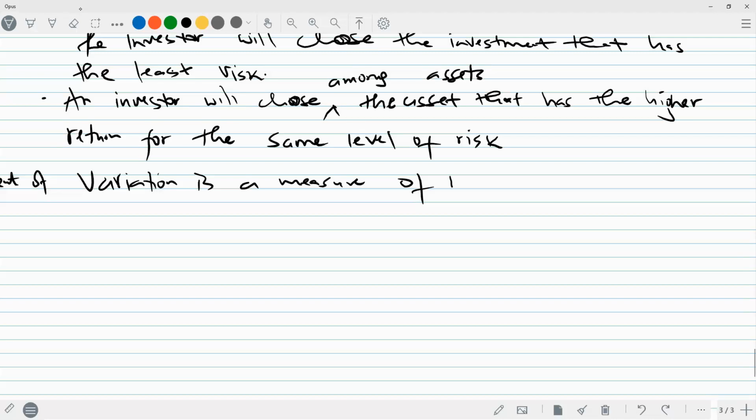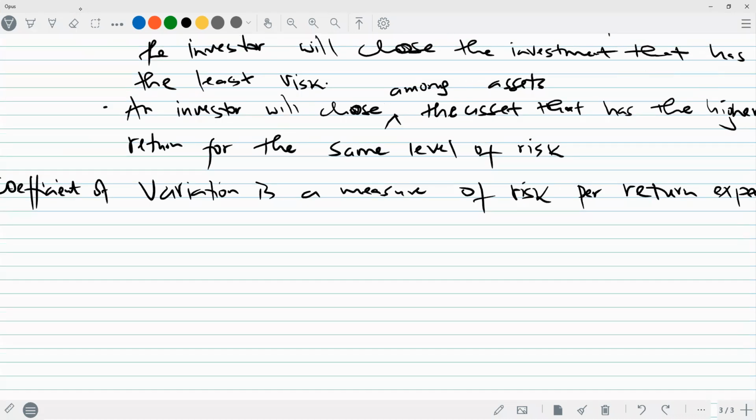It is a measure of risk per return expected. In short, how much risk are you going to be exposed to for every unit of return that the particular asset should be providing?